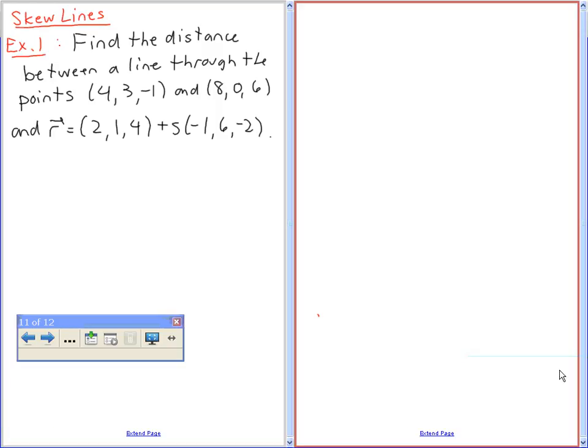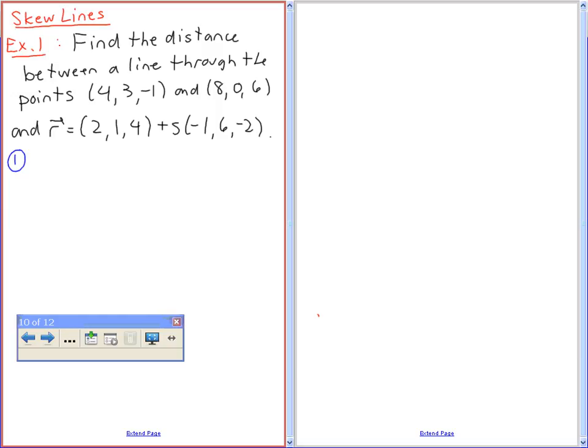So I'll start with my normal. Step number 1 is to find the vector form for the first line.